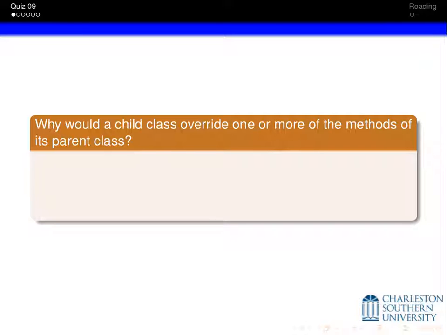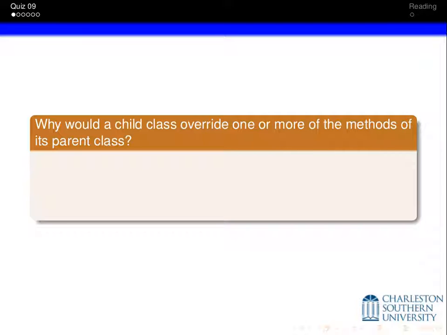Why would a child class override one or more of the methods of its parent class? Think about the lab I just assigned. The shape class just returns the height and width, but the areas are different.